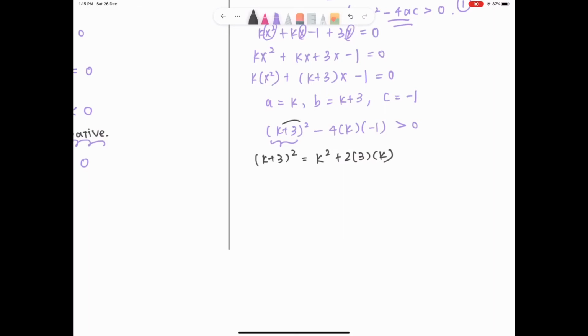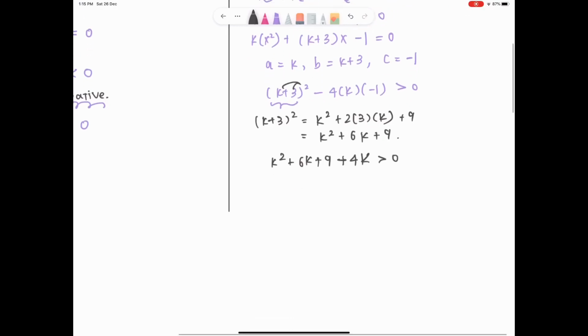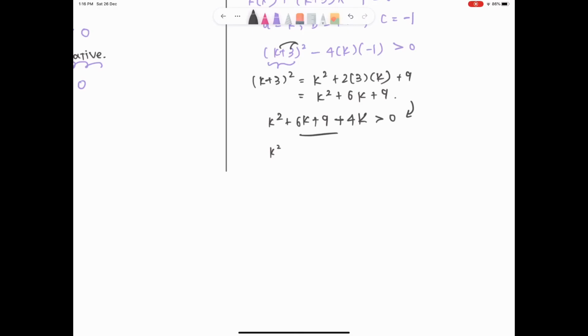Don't just expand it like that, that's wrong. Plus 9. So this is 6k plus 9. So you can put it back into your expression. Plus 9 minus minus 4k. Now you continue to simplify. So this is going to be k squared plus 10k plus 9 is greater than 0.